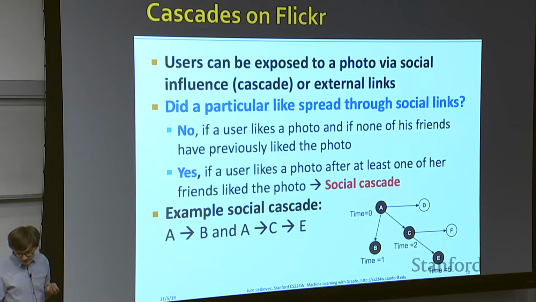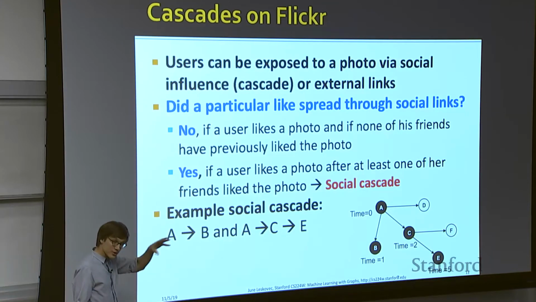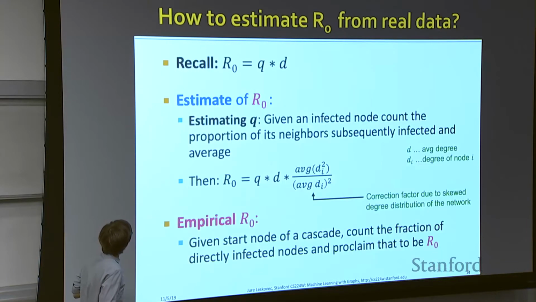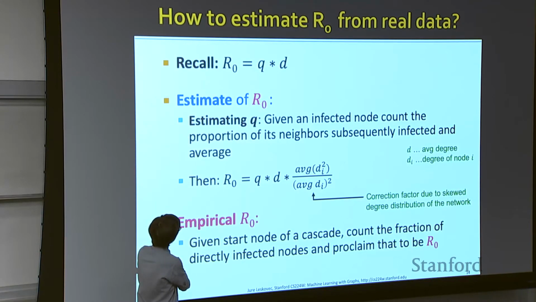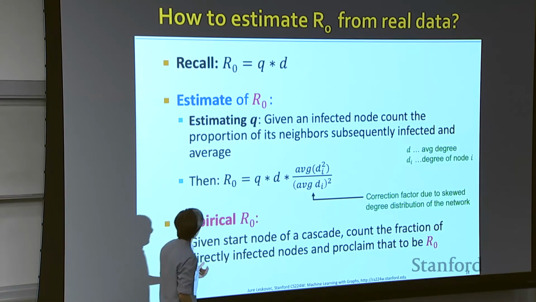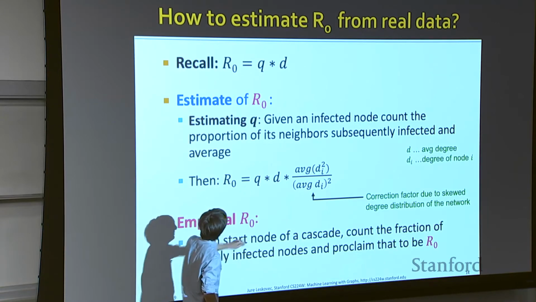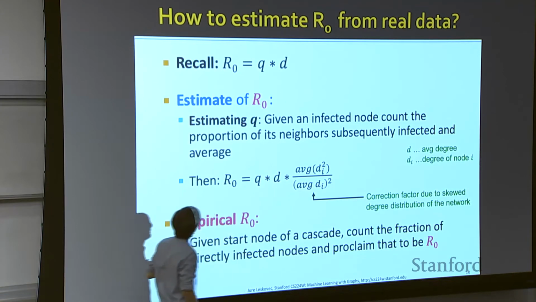How can you now measure R0 for each of these, let's say, viral photos? There are two ways. One way is to simply estimate this Q times D as we discussed.